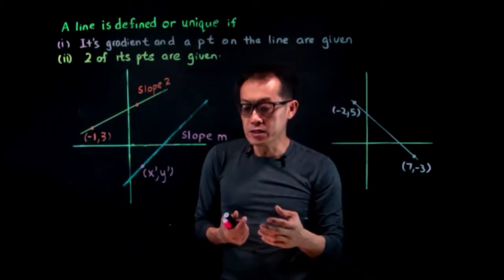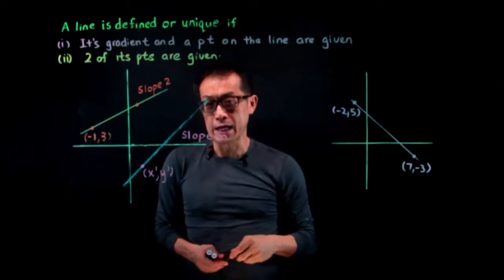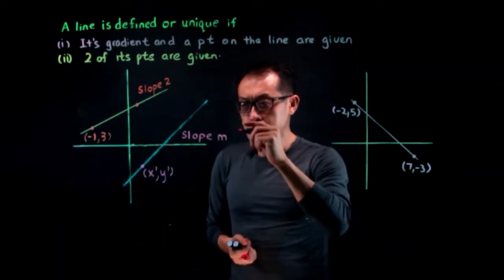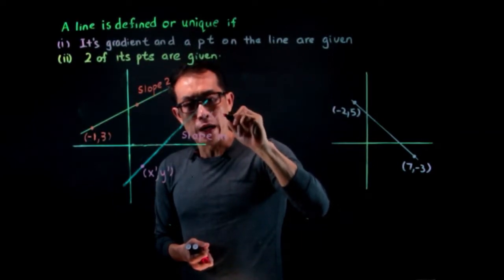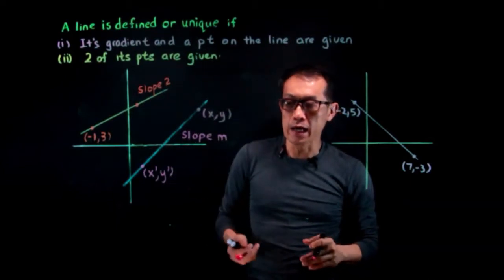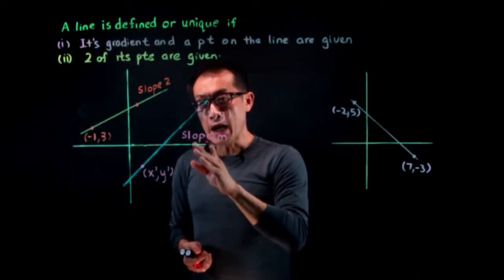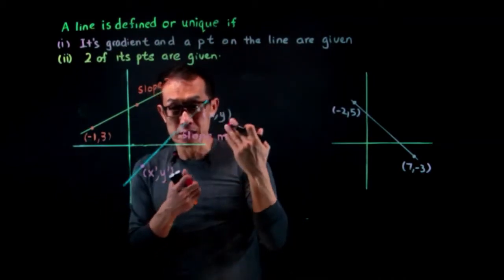Now, if the line is unique, how are we going to find the equation of this line? Let's say I take an arbitrary point, x, y. Now, x, y can be anywhere along this line. It can be here, here, here, or anywhere. But x prime, y prime is the given point. So it has to be fixed because it's given to you.